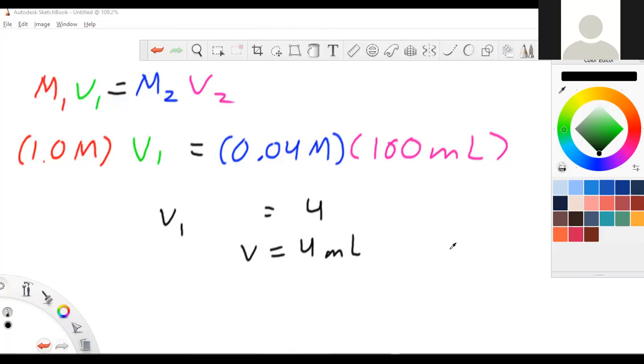Next, 6, after the dilution in step 4, is the solution lighter or darker?